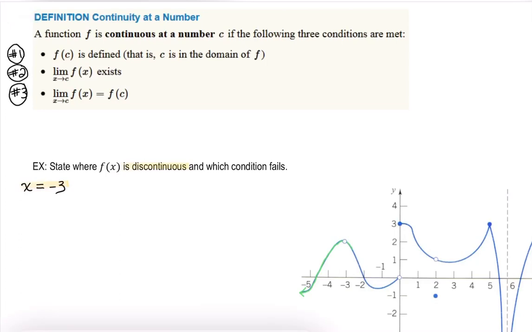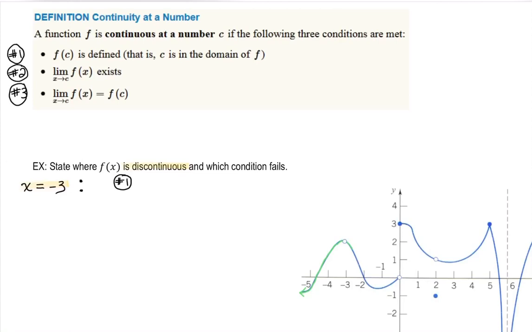Now let's talk about which condition fails, and it can be more than one condition. I typically go through my 3-step checklist, and essentially the first condition that fails, well, I know it's discontinuous. If you're specifically asked to go through the full thing, you certainly should be able to do so.